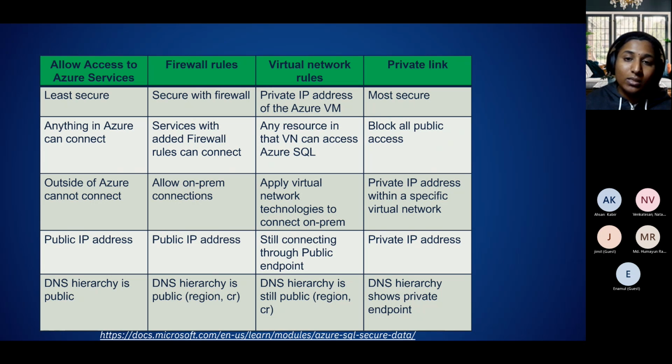It is the most secure option because it will create a private IP address within the specific virtual network. And even if you do a DNS lookup now, you will not see any information publicly available. All you see is the private link information, and it will not show any of the other information. We are going to see that in our demo.